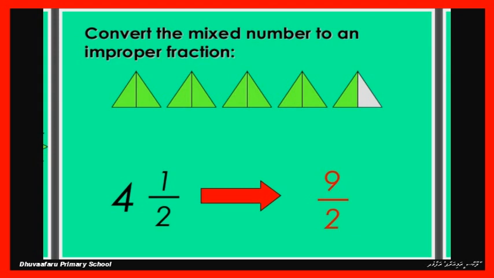Converting the mixed number to an improper fraction. First, you have to change 4 and a half to an improper fraction. First, you have to multiply 4 and 2, which is 8. 8 plus 1, it comes 9. And you have to write 9 in the numerator, and in the denominator you have to write 2.